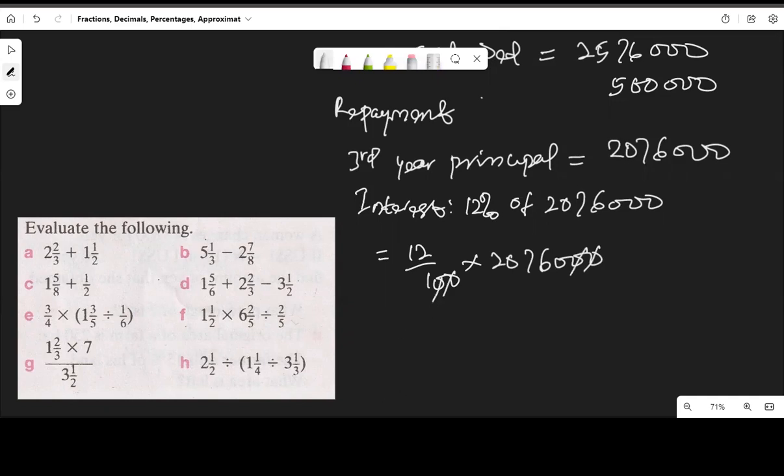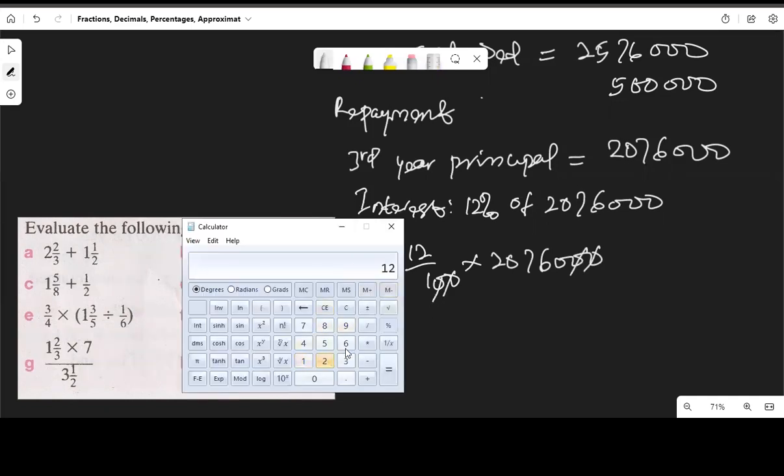The 100s cancel out. 12 times 20,760. The interest for that year is 249,120.